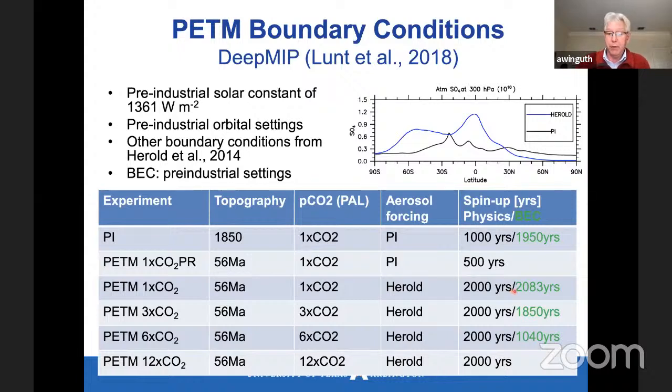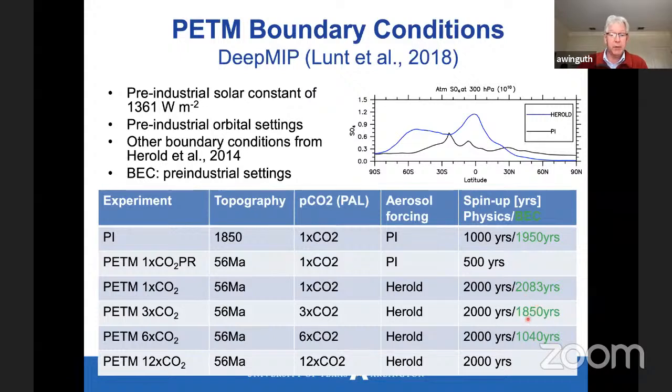Then with the BEC carbon cycle, we do also have the 1 times PETM run, so with 1 times preindustrial CO2 radiative forcing but Eocene boundary conditions otherwise, also 2000 years integrated.